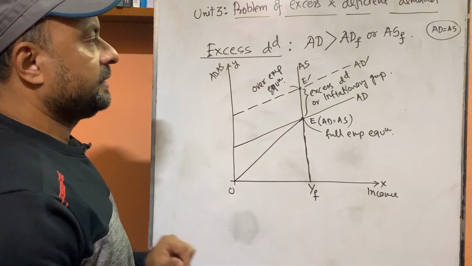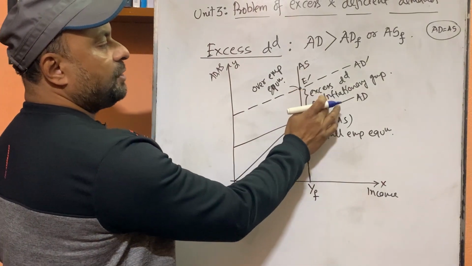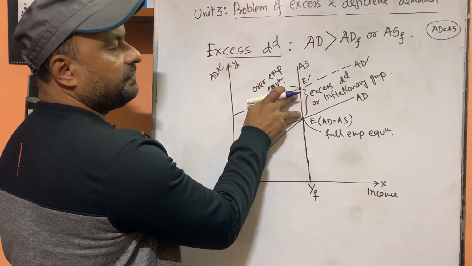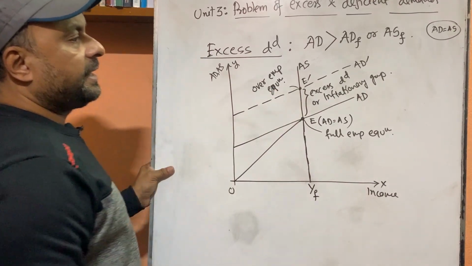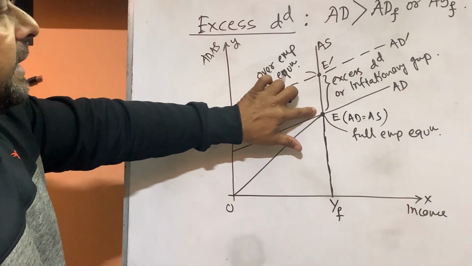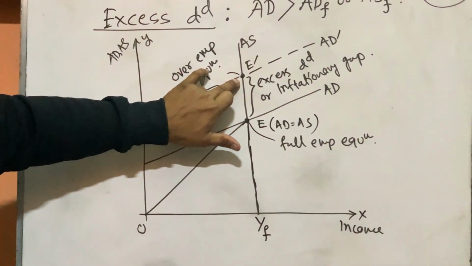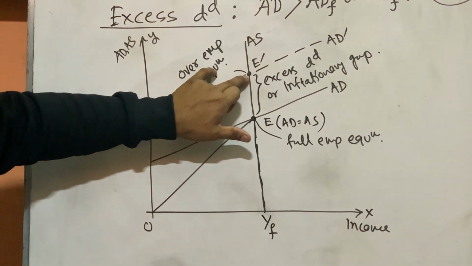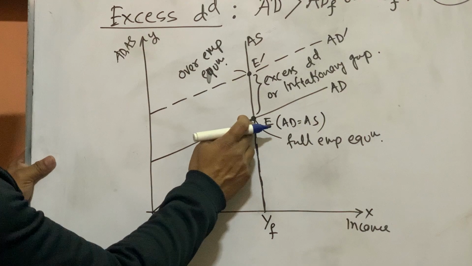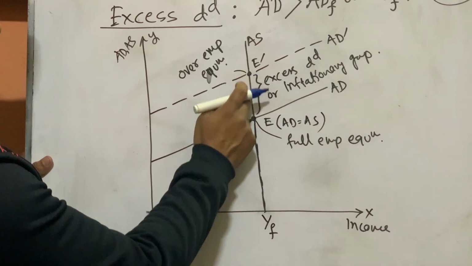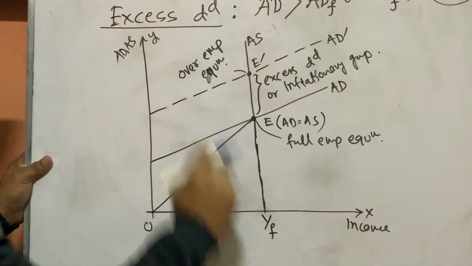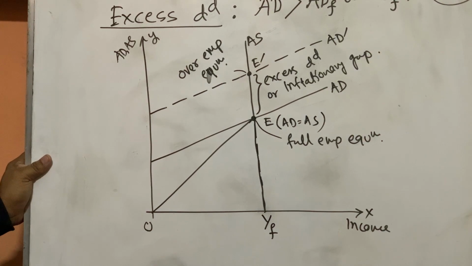We will come to the details later. So excess demand arises where present aggregate demand becomes more than the full employment level. This is the present aggregate demand, this is the full employment level of aggregate demand, and the gap is called excess demand or inflationary gap.